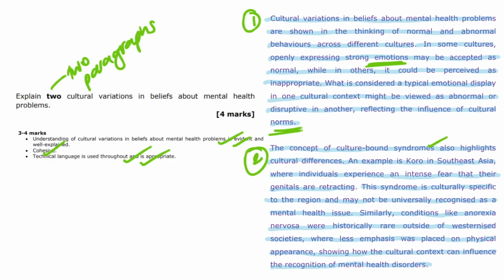The inclusion of specific examples, such as openly expressing emotions as a norm in some cultures, and the culture-bound syndrome of Koro in Southeast Asia, again adds depth and detail to the response. These examples not only illustrate the cultural variations effectively, but also provide clear examples showing a good understanding. The mention of anorexia nervosa as historically rare outside westernised society further enhances the response.